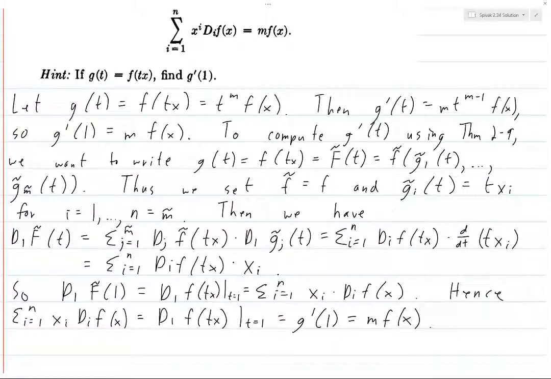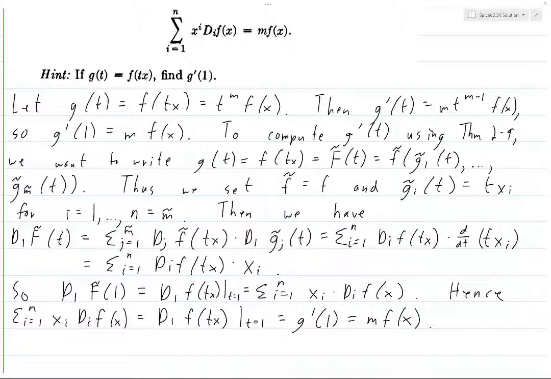And so, again, I think the trickiest part of this exercise is knowing exactly how we're applying Theorem 2-9, because in Theorem 2-9 there are a lot of moving pieces, and you need to keep track of which of those moving pieces you are using in this particular exercise. The different functions and variables in Theorem 2-9, what are the corresponding functions and variables in this particular problem?